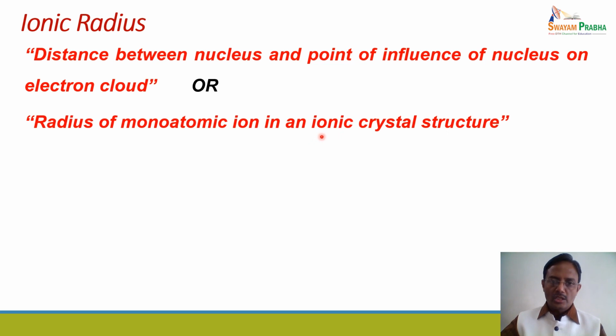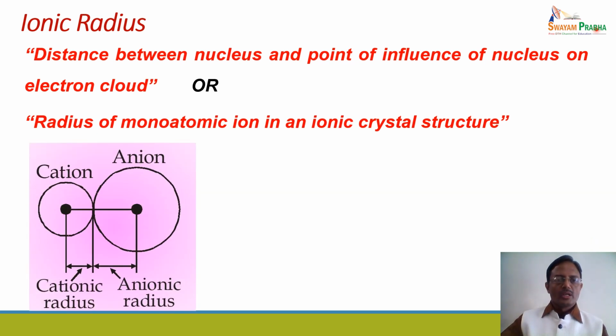We know that in case of an ionic crystal, the ions are close packed, and since they are close packed, we can calculate the ionic distance for the monoatomic ion. So in an ionic crystal structure, whatever the radius of the monoatomic ion is, that can also be called the ionic radius.